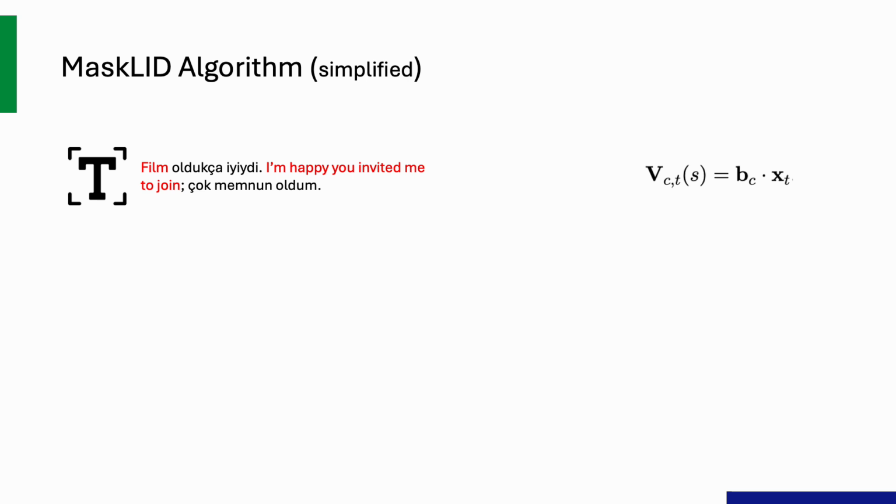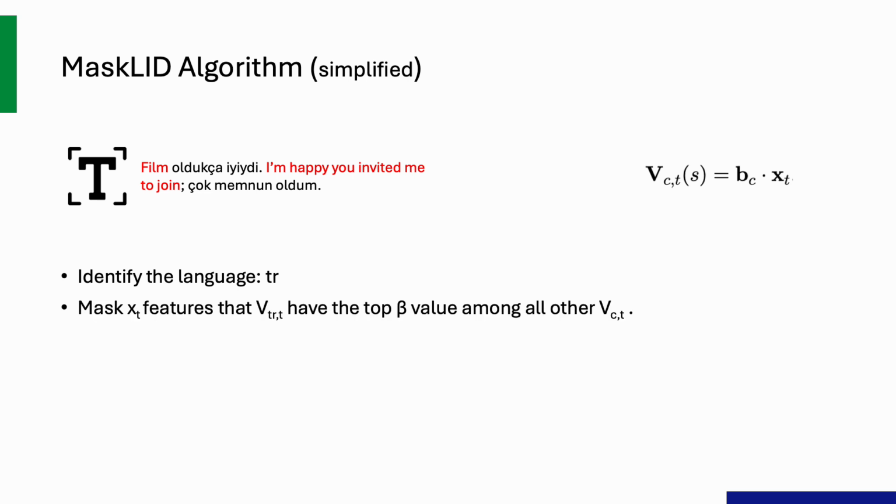Here we explain the simplified version of the MaskLID algorithm. We first identify the first language, which in this case is Turkish. Then we mask features for which the first language, here Turkish, has one of the top beta values among all other languages.